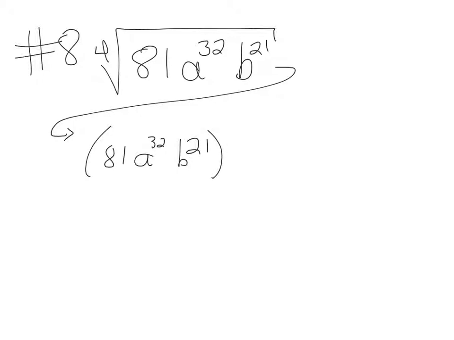Now, in radicals, you can rewrite the radical into exponential form by getting the root and bringing it to the bottom as a denominator. So the inside is the base, and the exponent becomes 1/4, coming from the root.